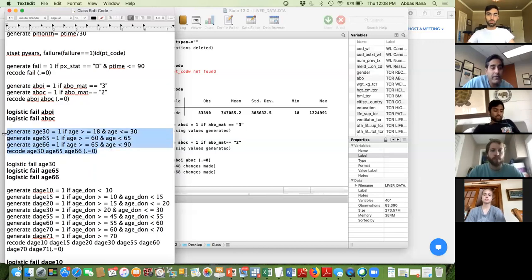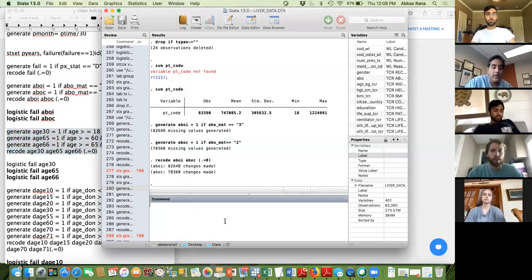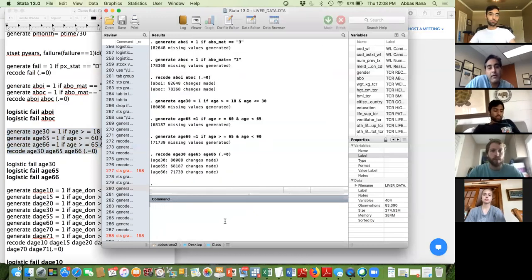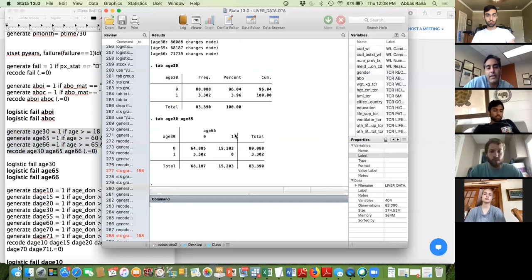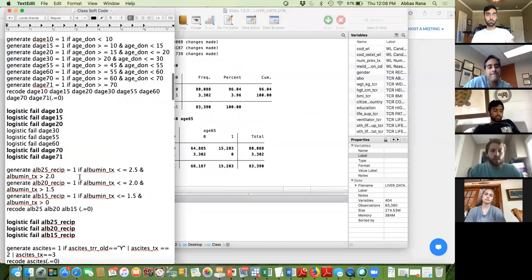We built these groups of recipient age, and we want to check these variables. We can check each one, see everything's a 0 or a 1, and we can also make sure that there's no overlap, and there should not be any overlap. And we see that for 1 and 1, there's no overlap, which is good. Okay, so we did all that.